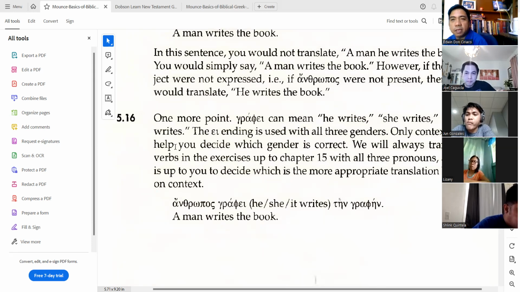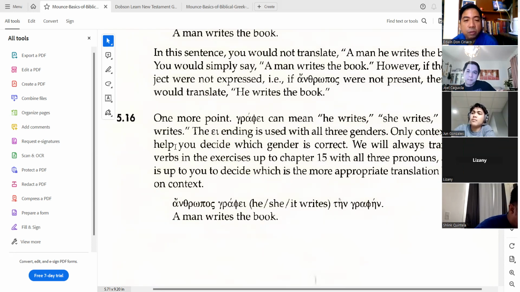And if the subject is, of course, Petros, then you will know that it is a male. So the A ending is used with all three genders. It has person and number. You're right, it is third person, by the way. Graphe is not second person. There is a sigma at the end.